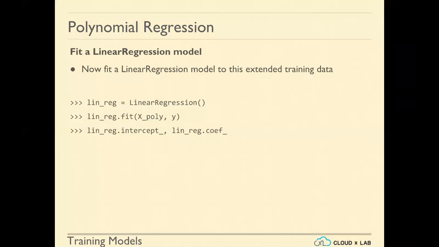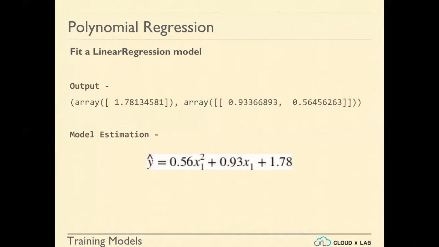So now, once we have done this, we can do the linear regression normally and fit the data as usual. Once we do that, we'll get the results, and this is what we got.